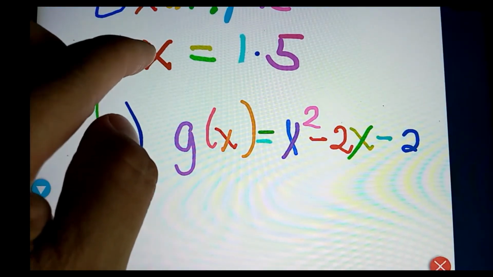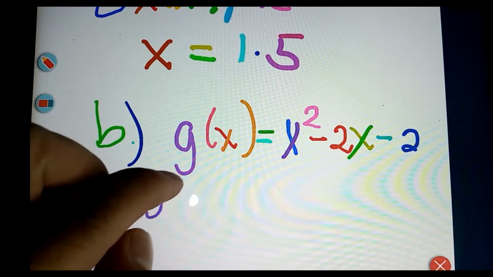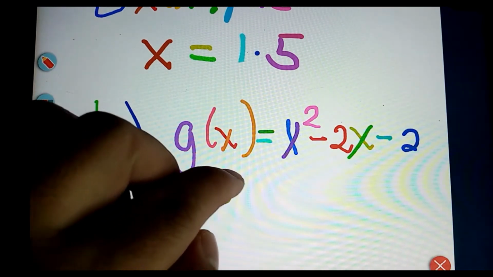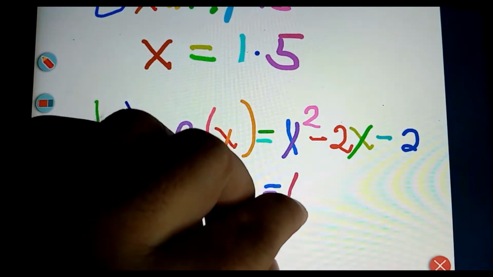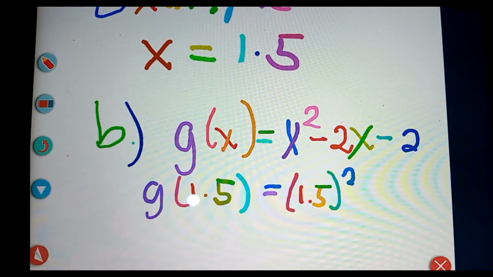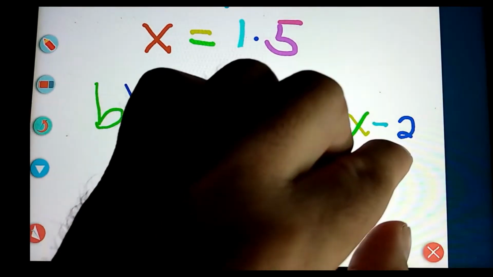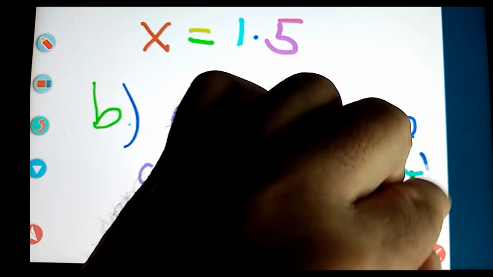The value of x is 1.5, so we write g of 1.5 equals 1.5 squared minus 2 times 1.5 minus 2.